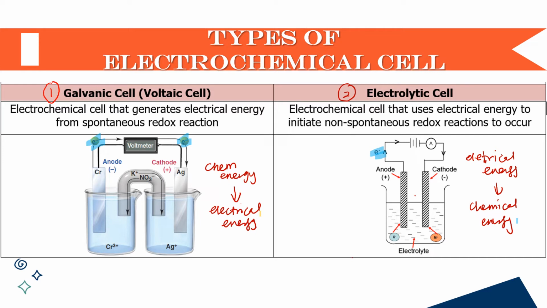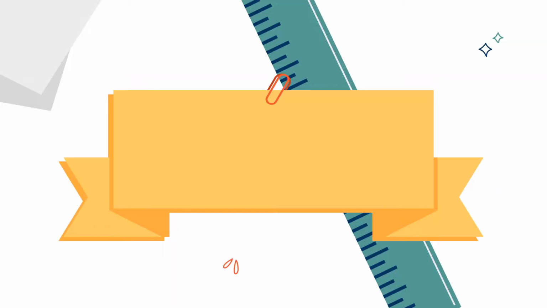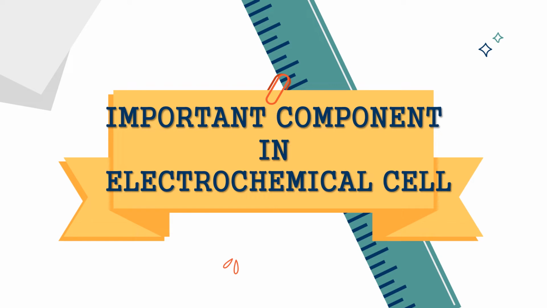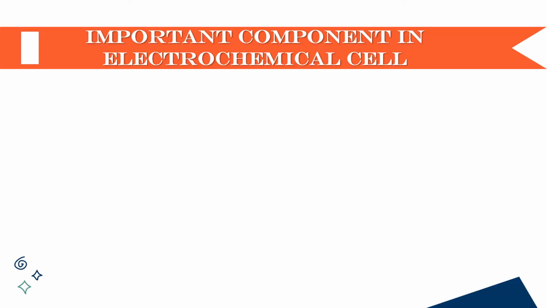This movement of electrons can cause electricity to occur. Before we look further at each electrochemical cell, we're going to look first at the important components in an electrochemical cell.